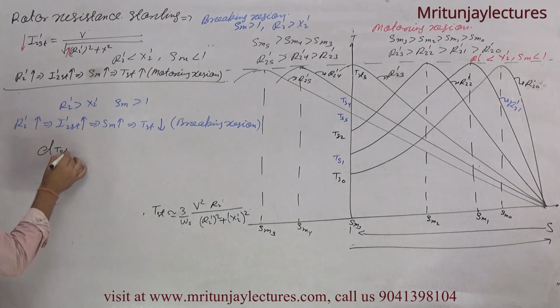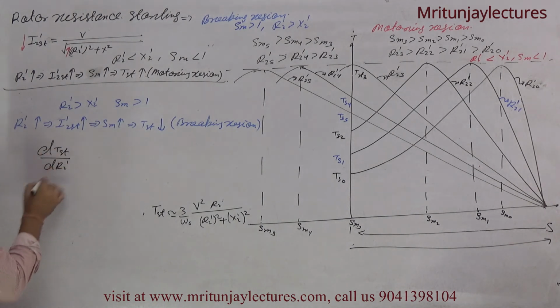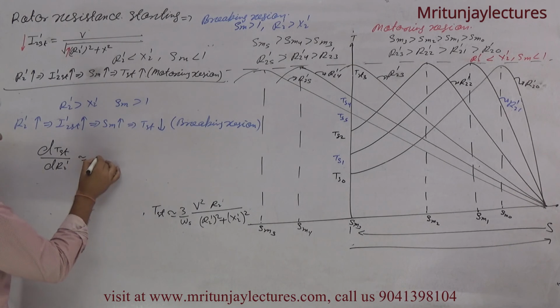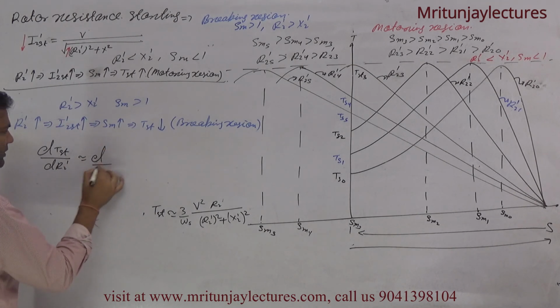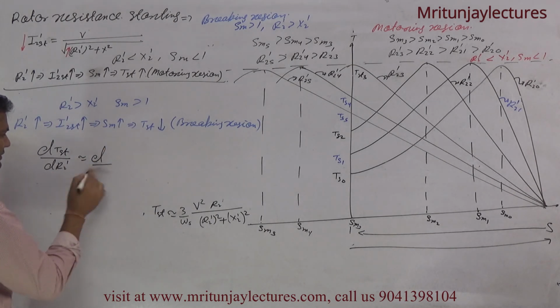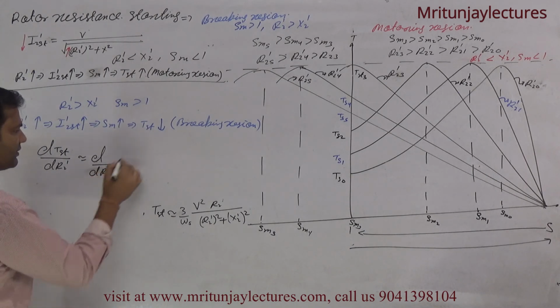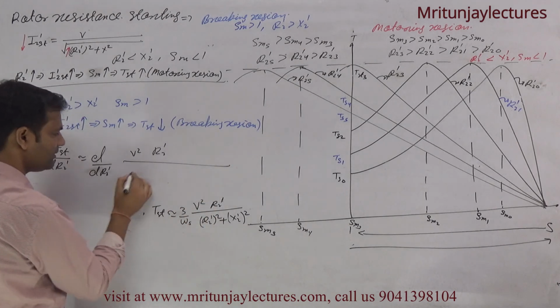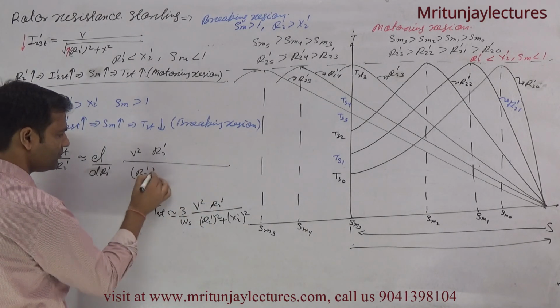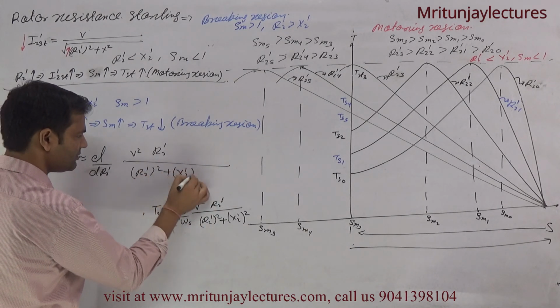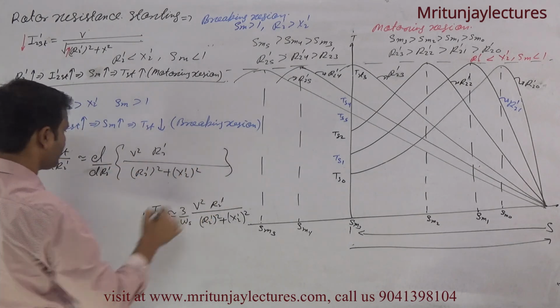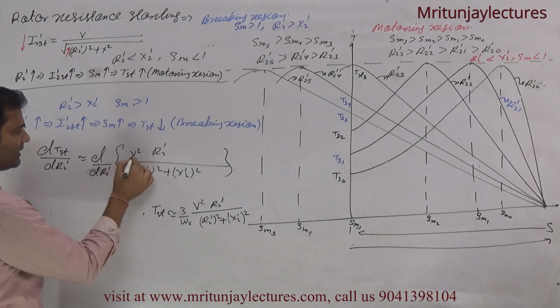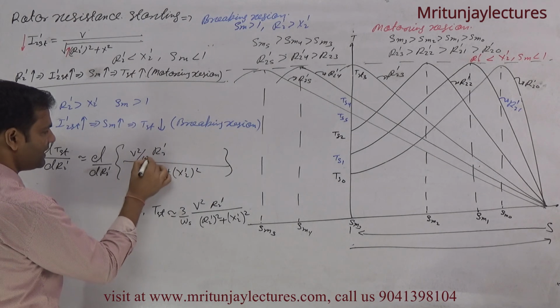T starting with respect to R2 dash, it is written as d by dR2 dash of 3V square into R2 dash divided by R2 dash to the whole square plus X2 dash to the whole square, by omega s.